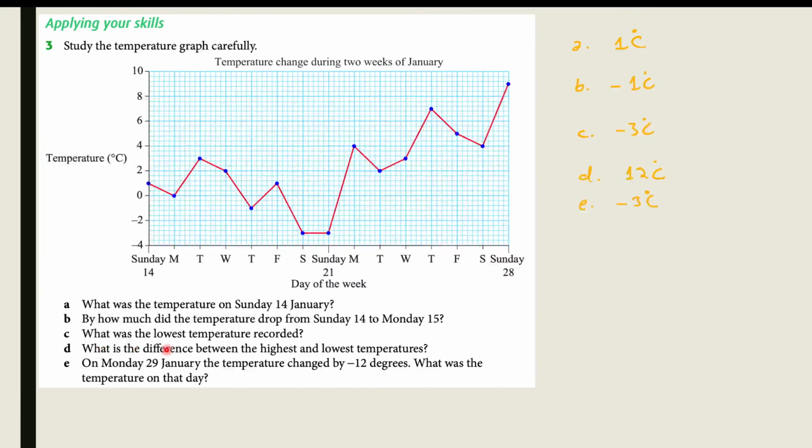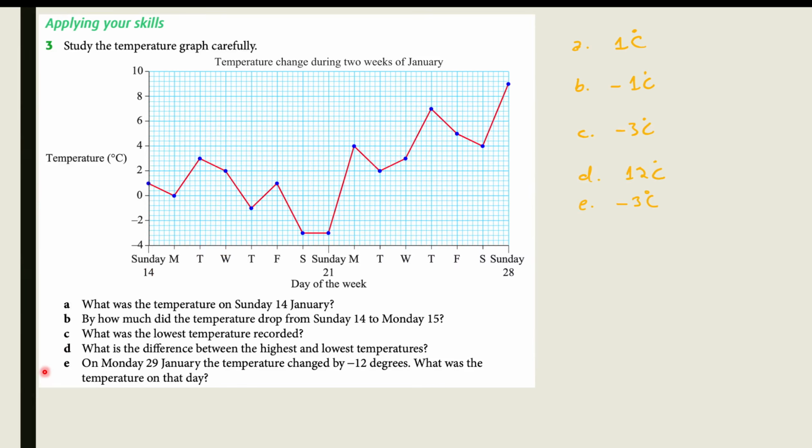The fourth question is, what is the difference between the highest and the lowest temperature? The highest temperature, as you can see, is 9, and the lowest temperature is -3. The difference between them is 12 degrees.